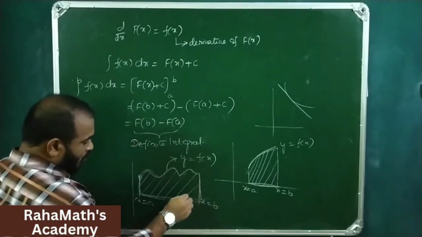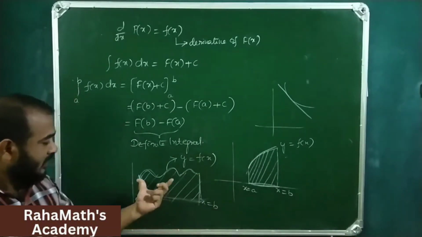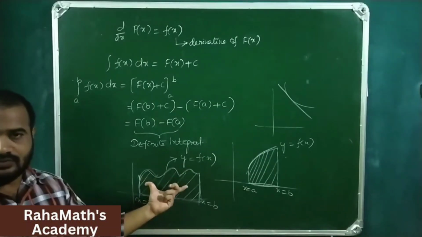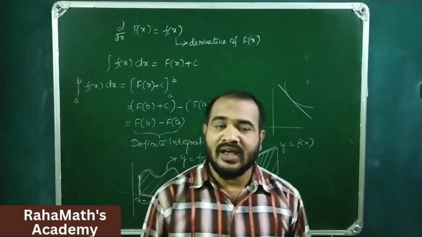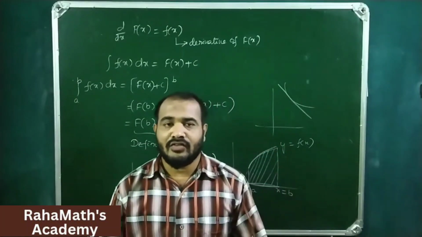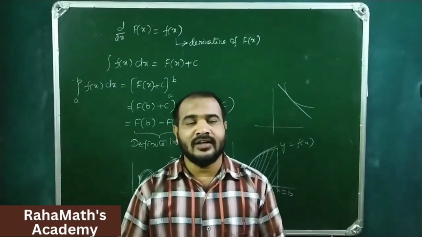To evaluate the area of the region bounded by this kind of typical curve, we use the area of the rectangle, which we are already familiar with. The area of the rectangle is length into breadth, or width into height.